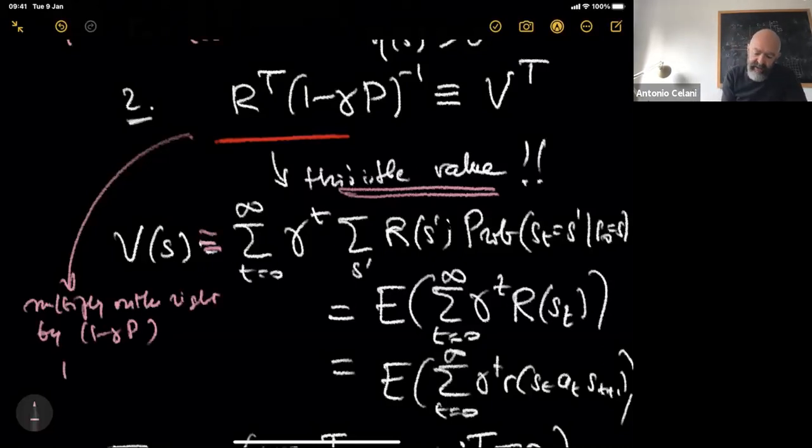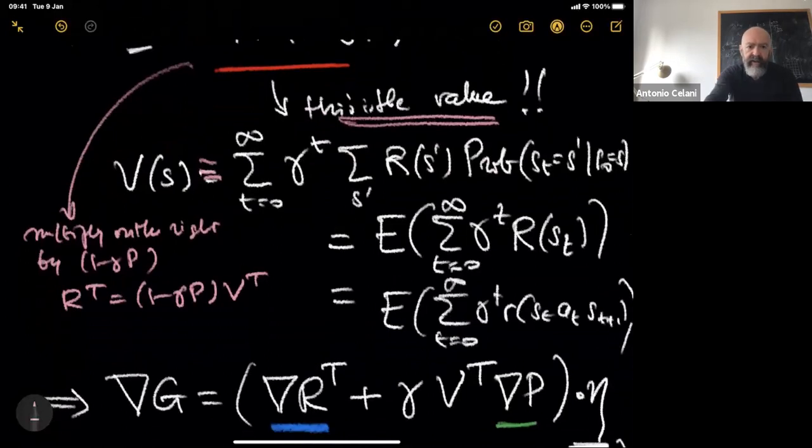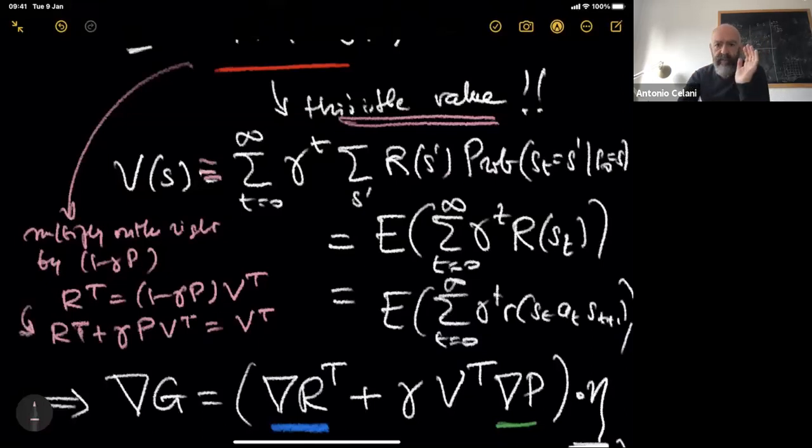Well, I get R transpose equals V transpose times 1 minus gamma P. And then I can rewrite this by moving this part to the left-hand side. So this becomes R transpose plus gamma V transpose P equals V transpose. It's very, very trivial manipulations of this definition.